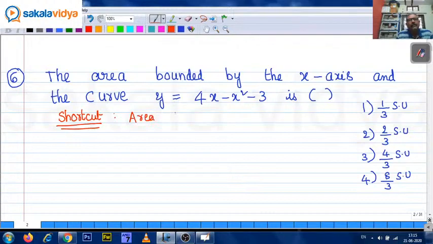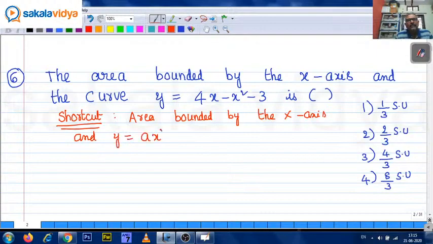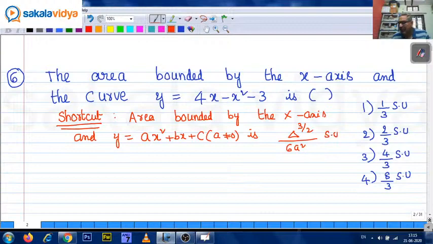Area bounded by the x-axis and y equals ax square plus bx plus c, a not equal to 0, is delta to the power of 3 by 2 upon 6a square units. Delta is nothing but the discriminant.